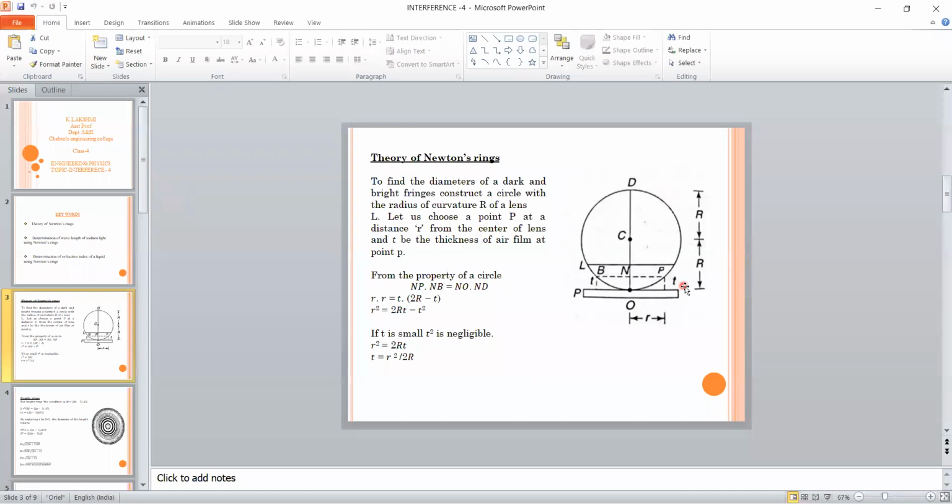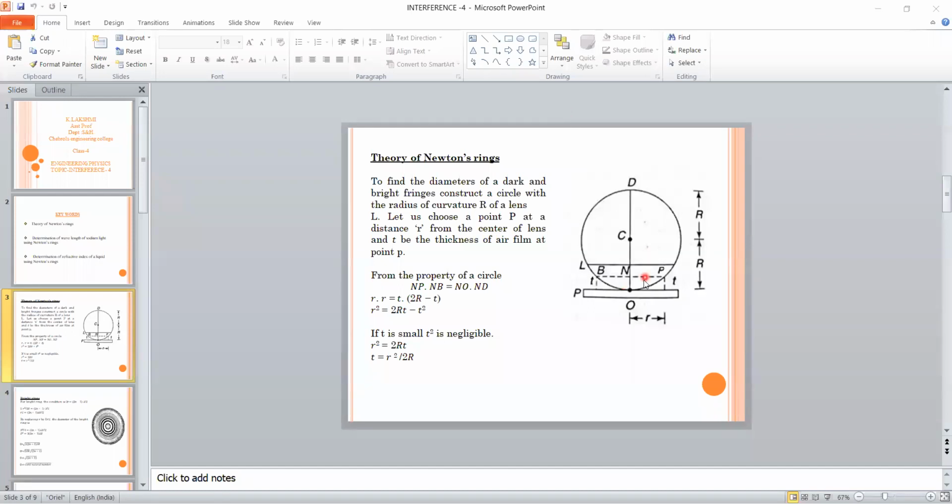OC value is equivalent to R, that is the radius of the circle. So the OD value becomes 2R, that is the diameter of the circle.